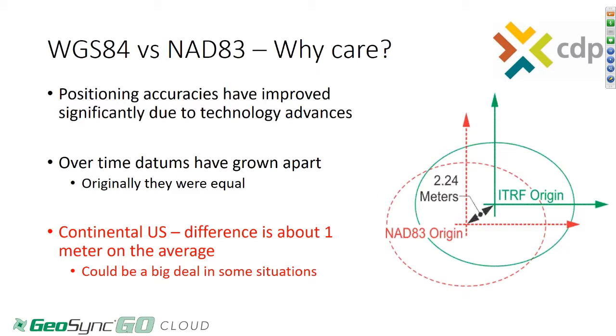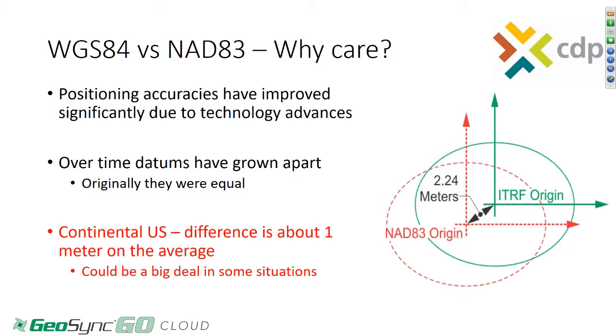But now, with the advent of GNSS receivers that can work worldwide, we have the ability to get much more accurate positions, and the web mapping technology has improved dramatically. So now we're beginning to use web maps for a lot greater detail than we used to. So we have to begin to care about whether we're working in WGS84 or NAD83.